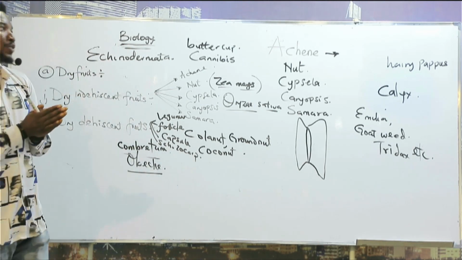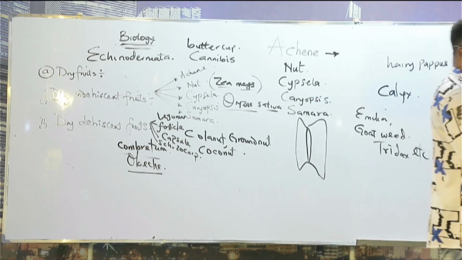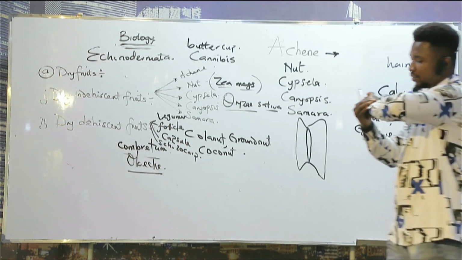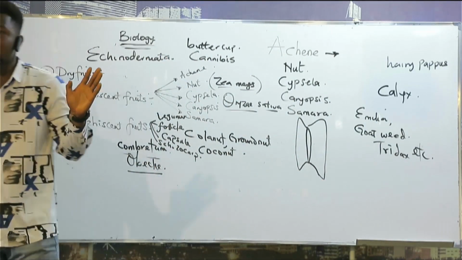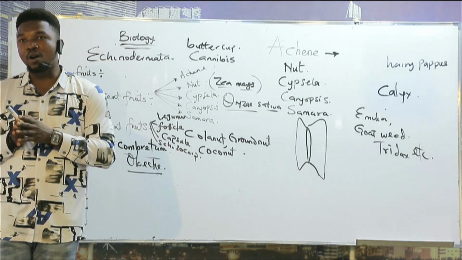Okay, let me ask you now. If I ask you to come out here again to classify everything, can you do it? For those of you that have not classified, can you do it? We have barely 7 minutes. How many of you can do it? Have you started categorizing it very well?